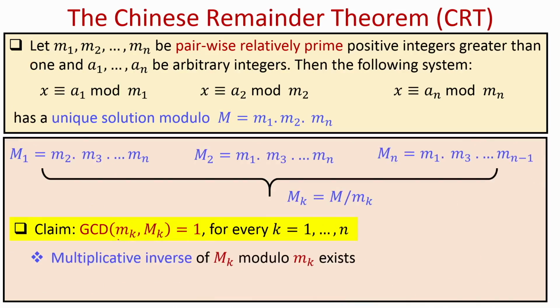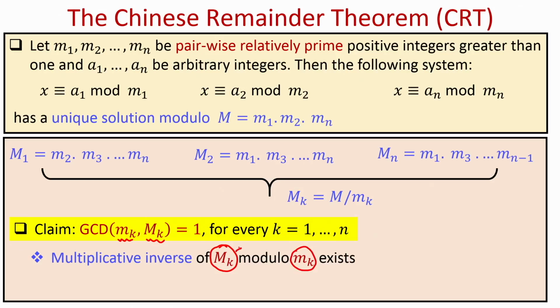Now, if this small modulus m_k is co-prime to this big M_k, then I can find out the multiplicative inverse of this big M_k modulo small m_k, right. So, I am treating small m_k as my modulus and big M_k as the number.